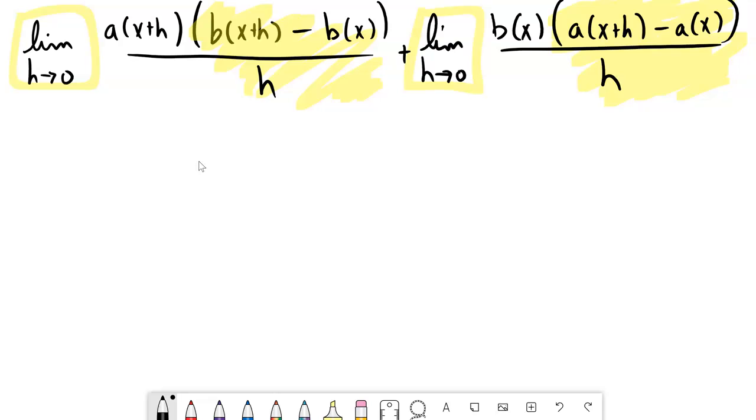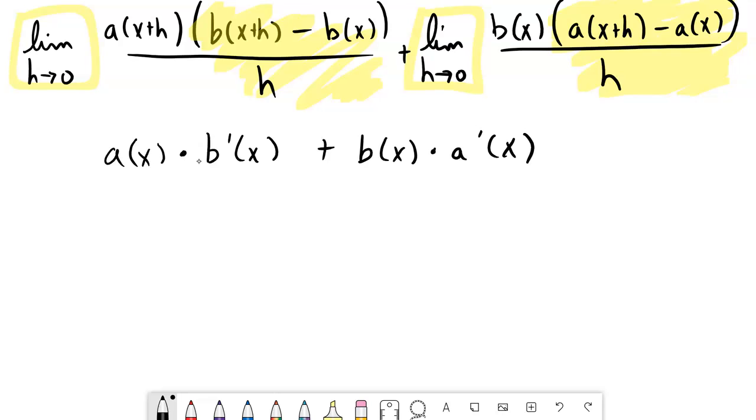Now we can see this limit actually just evaluates to the derivative of b, and this also evaluates to the derivative of a. So now we can simply plug in h equals 0 at this point, because we already know what this is. So what we're left with is a of x plus 0, which is just a of x, times the derivative of b, plus b times the derivative of a.